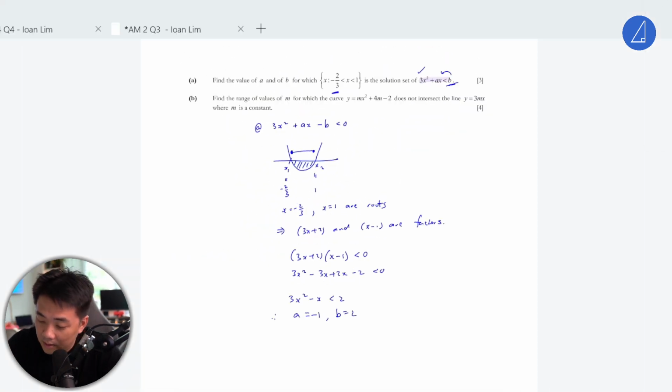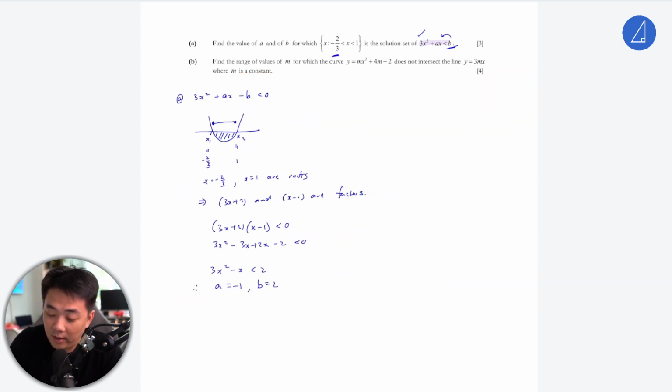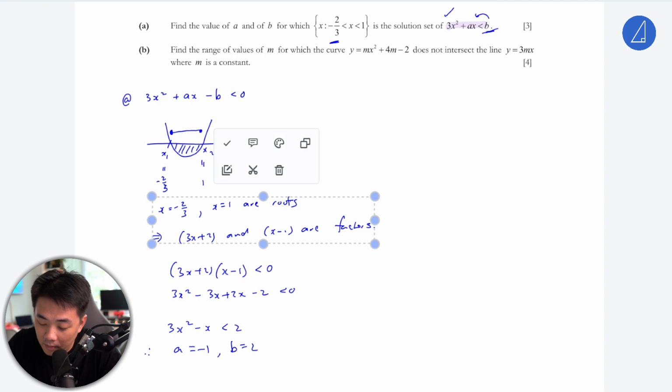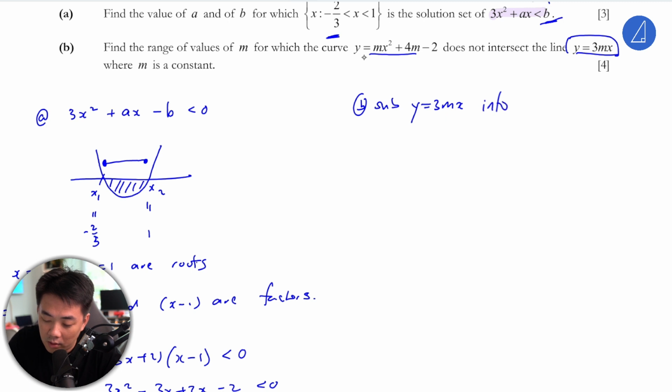For the second part, I think it's pretty straightforward. You want to find the range of values of m for which the curve does not intersect with this line here. So the first thing is we're just going to substitute the line equation, 3mx, a line that passes through the origin, right, into the quadratic equation here, mx squared plus 4m minus 2.